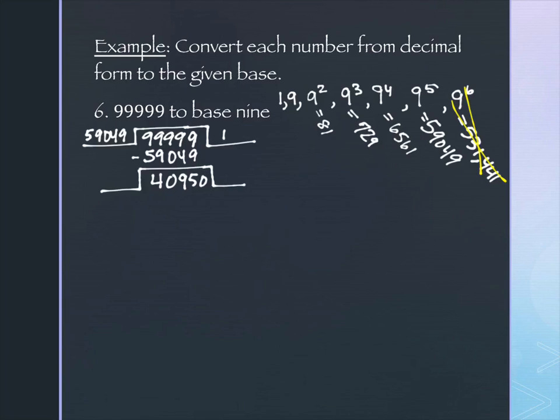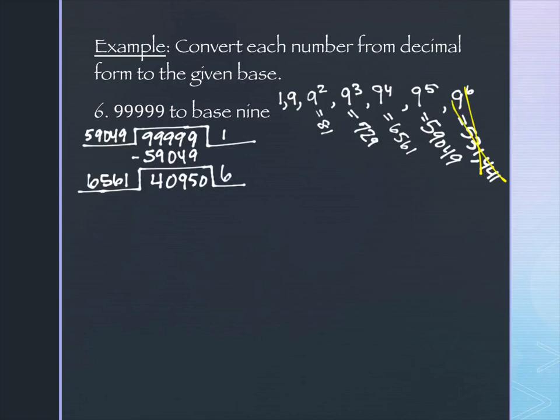Sorry, I have pieces of this written down, but I don't have all of the pieces written down. Okay. What will I divide by next? 9 to the 4th, which is 6,561. Okay, how many times will 6,561 go into 40,950? Whole number times. 6 times?